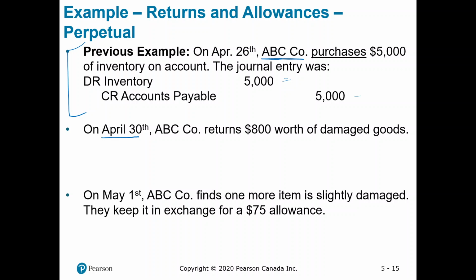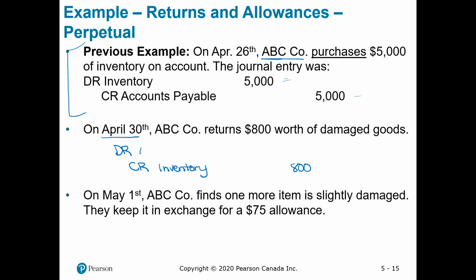So when we have a return, we've got our debit and our credit. We're giving back these items. Therefore, we will credit the inventory account. So we gave them away, therefore we no longer have those sitting in our inventory. We need to decrease inventory with a credit. And because we've given them back, we're getting a full refund.